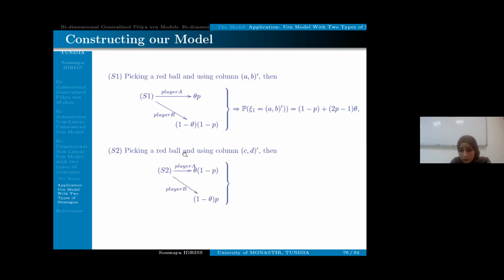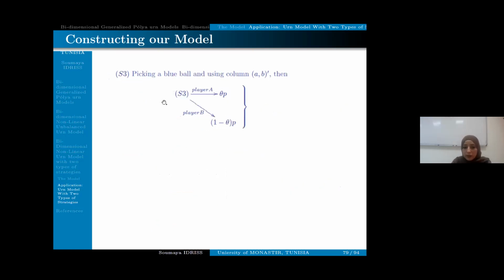If a red ball is picked and we use the second column, which is done by either player A or player B, then the probability of the second column is equal to this quantity. With the same reasoning, we get these, which are the means of these equalities.